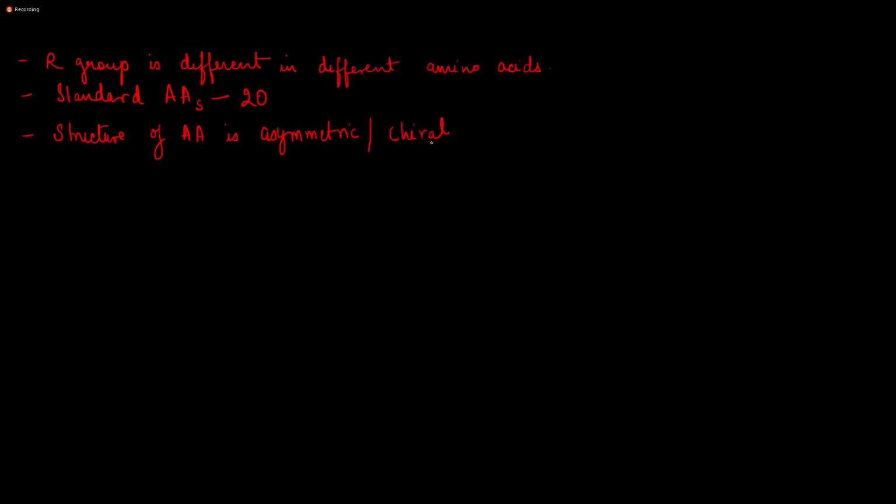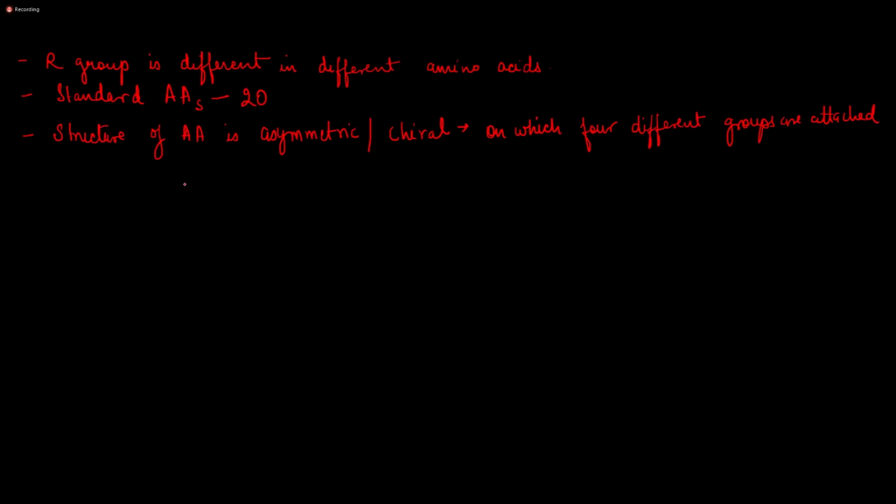We know what a chiral carbon is. A chiral carbon is the one on which 4 different groups are attached. So this is a chiral carbon, or we can say the structure of amino acid is asymmetric.